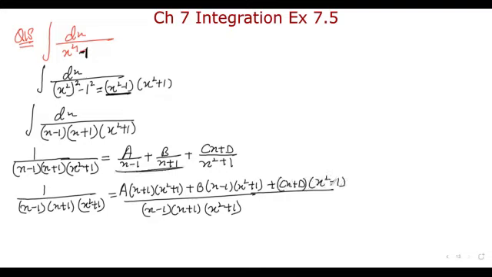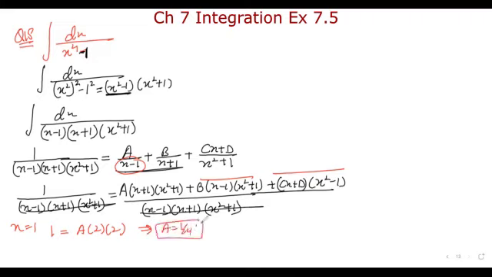दोनों का product ले लिया x square minus 1. Now this and this are cancelled. So if I put x minus 1 as 0, I will get x is equals to 1. So if I put x is equals to 1, this will be A into 2 into 2. This will be 0 and this will also be 0. So the value of A comes out to be 1 by 4. Okay. If I put this as 0, I will get x as minus 1.